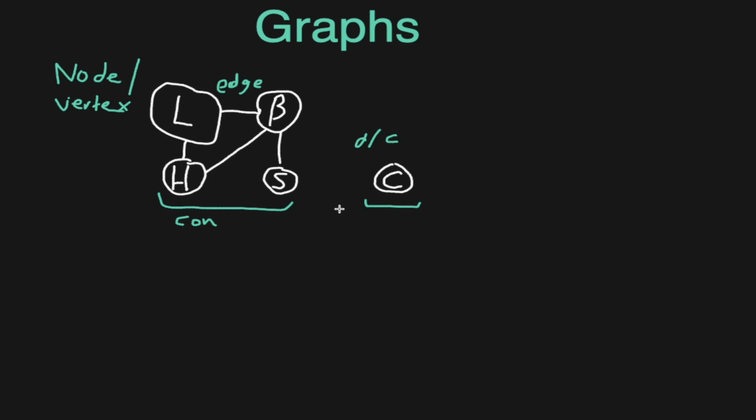So let's consider we're traveling between countries via an airport. This is an example of a directed graph.